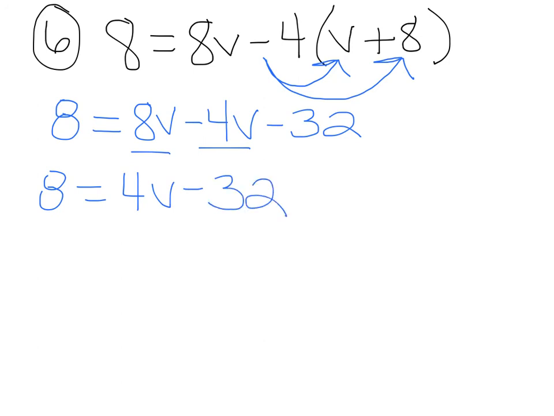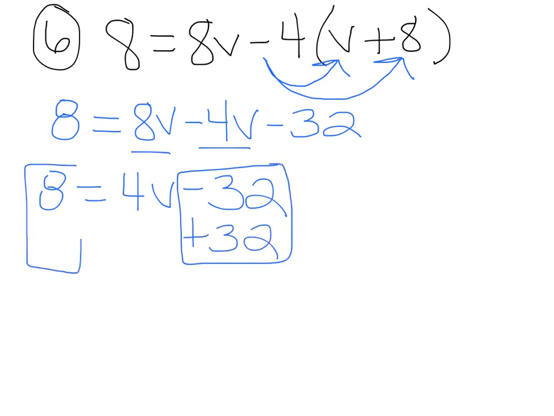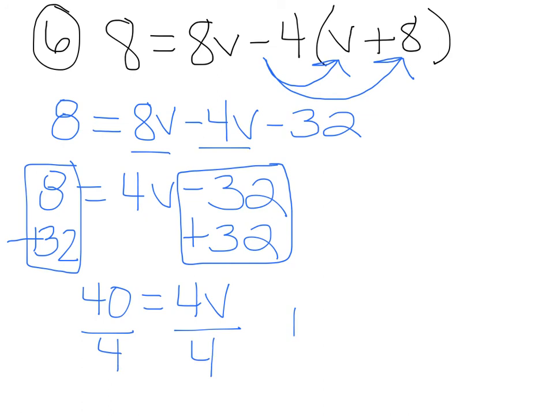My variable term v is on one side, so now I'm going to get rid of the negative 32 by adding 32 to both sides. I have 40 is equal to 4v, and when I divide both sides by 4, I get 10 is equal to v.